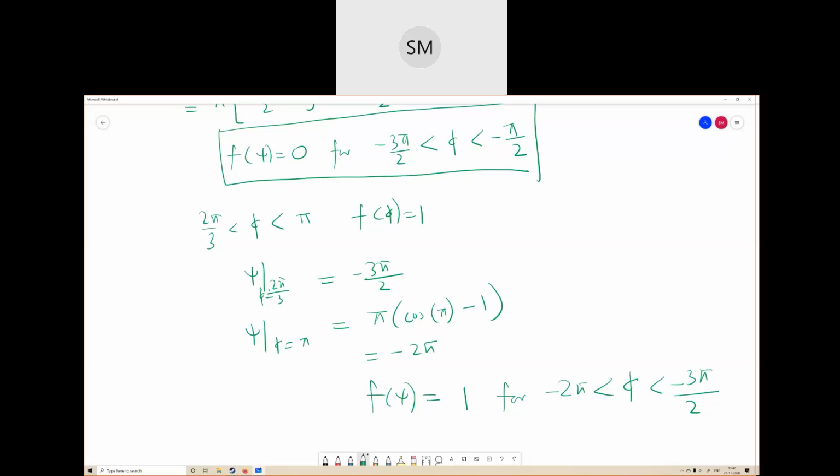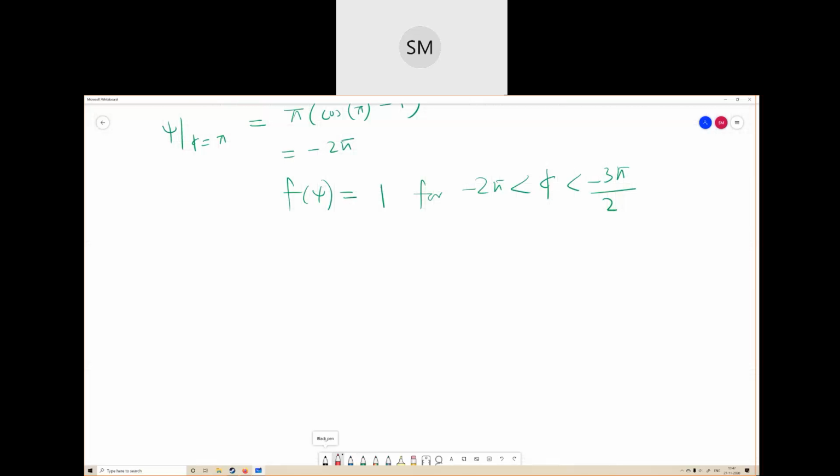Can we write this? So what are the three final expressions? The three final expressions are F of psi equal to 1, 0, 1 over the three ranges. Is it okay to write this?